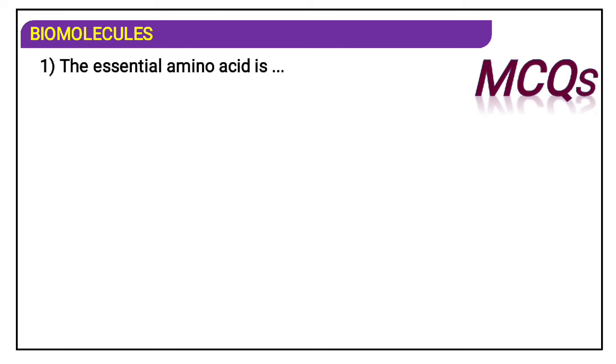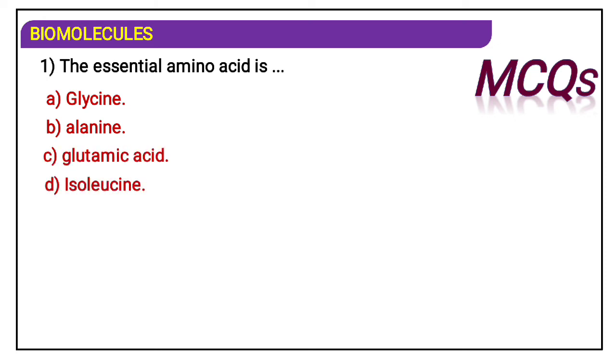Next, the essential amino acids are, as I already mentioned, some amino acids belong to the essential amino acids, some to the non-essential. Which of the following options is an essential amino acid? Glycine, alanine, glutamic acid, and isoleucine. Among that, tell me which is the essential amino acid.